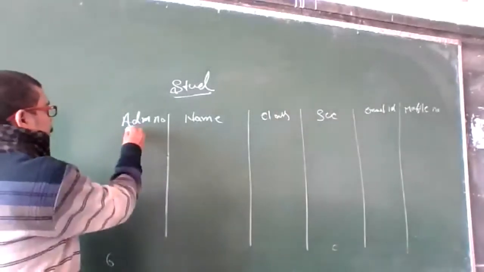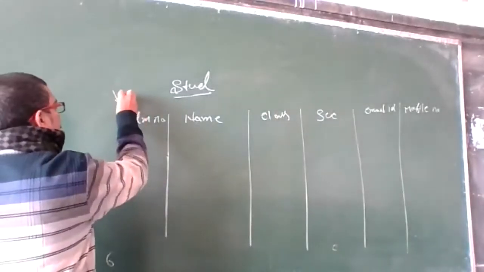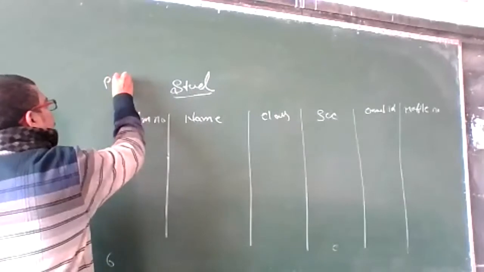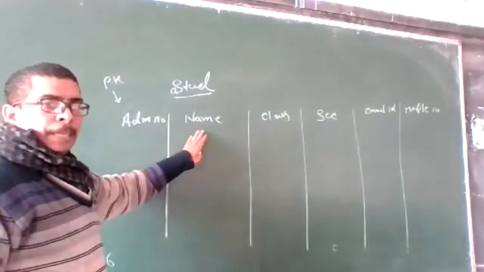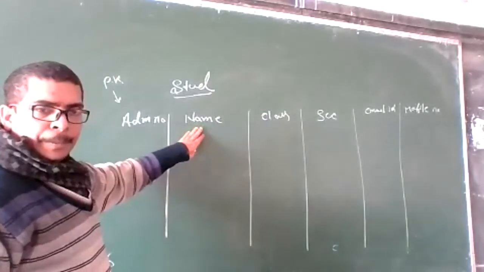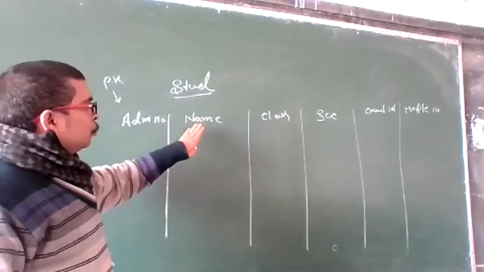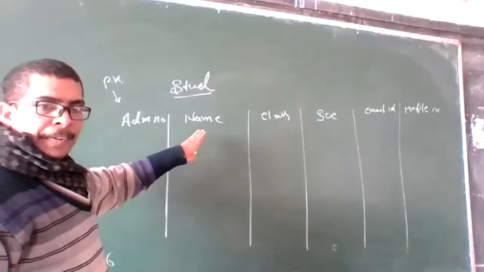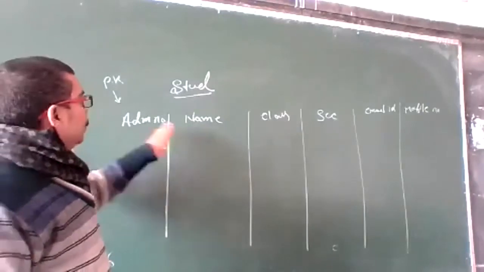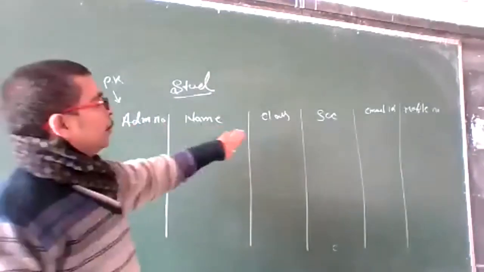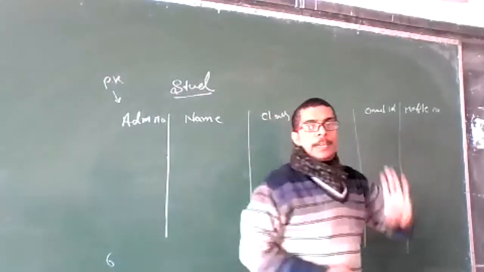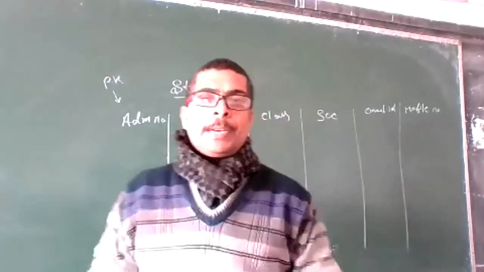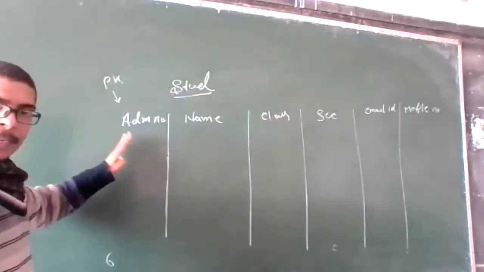Admission number, name, class, section, email ID, and mobile number. This is admission number. We have made it the primary key, and I am writing PK here. Name is an attribute, but it is not the primary key. This is an alternate key.